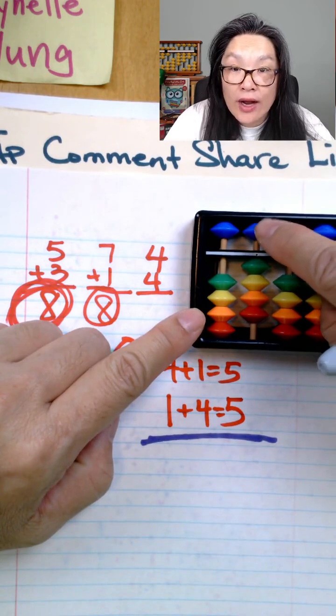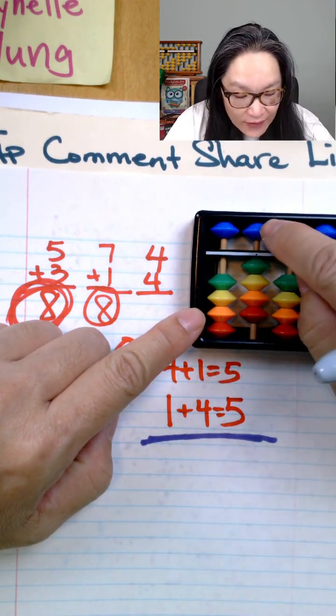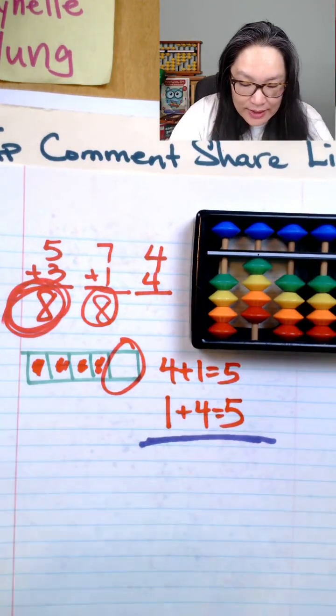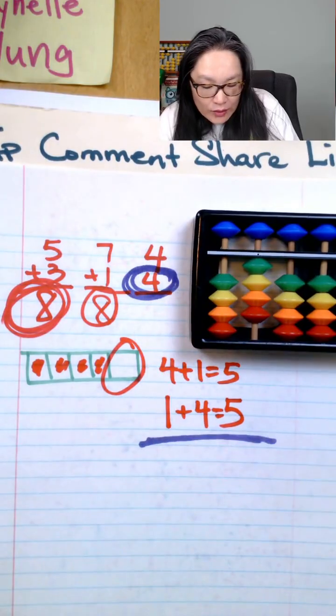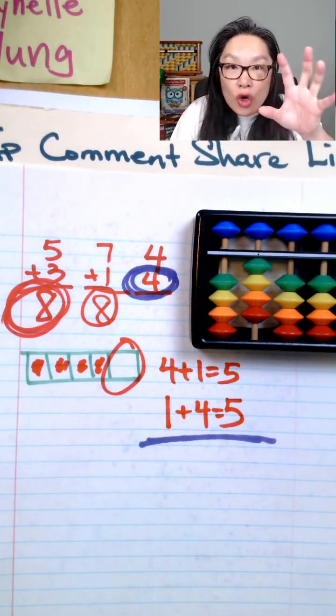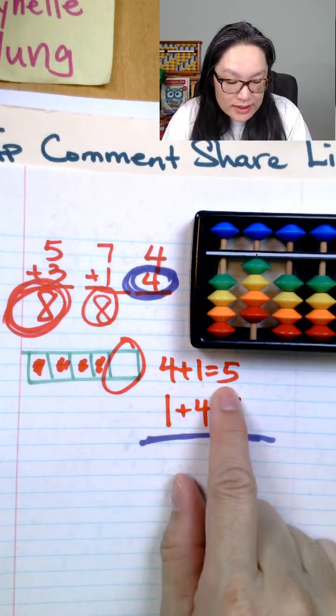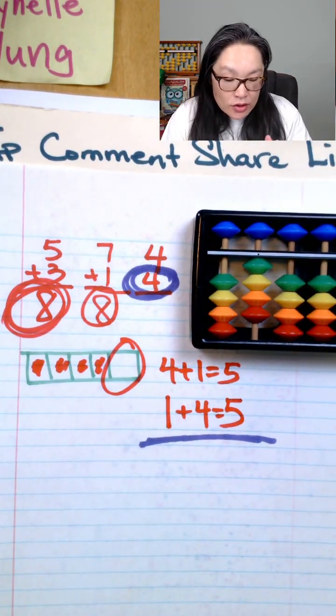This is considered 5. Because we consider this 5, we're going to isolate this variable, this number. How do we isolate the number? We know that 4 plus 1 is equal to 5. So what do I do?